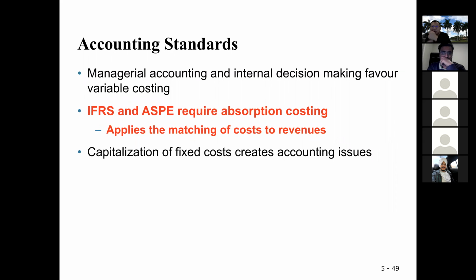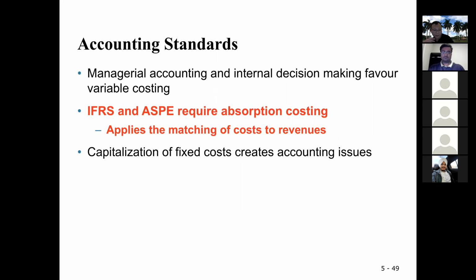So when you prepare the year-end financial statements according to IFRS and IASB, you have to use absorption costing. But for internal reporting, for quarterly reporting, for the purpose of managerial decisions, you could use variable costing. It's easier for the managers to perform the calculations.